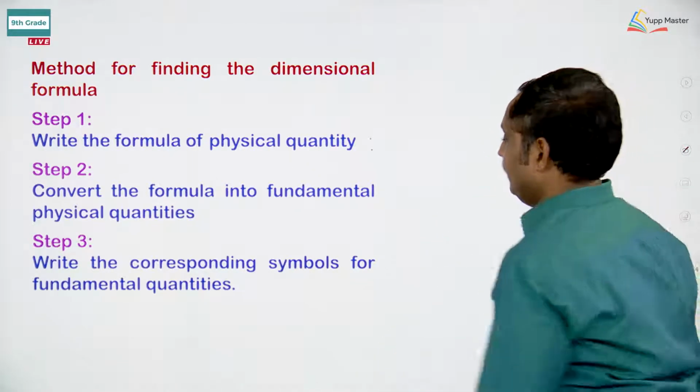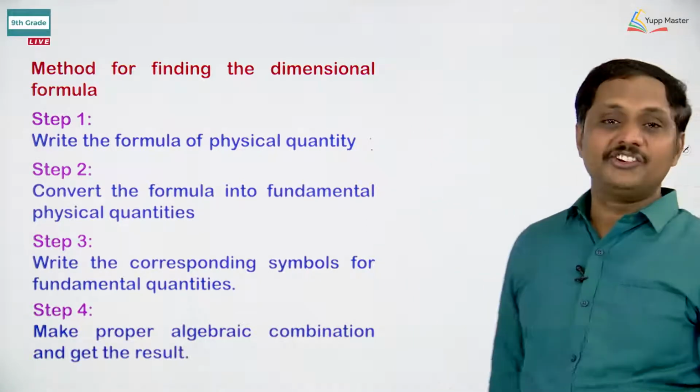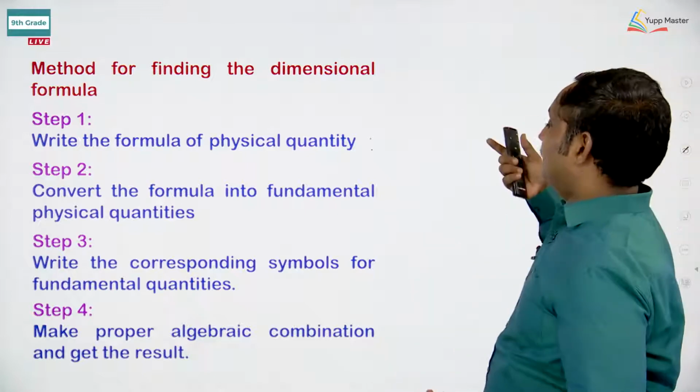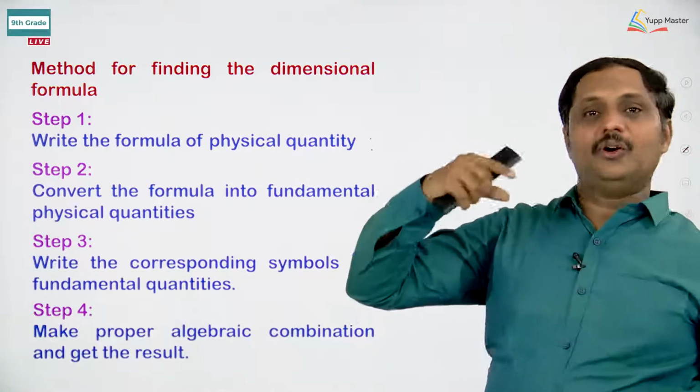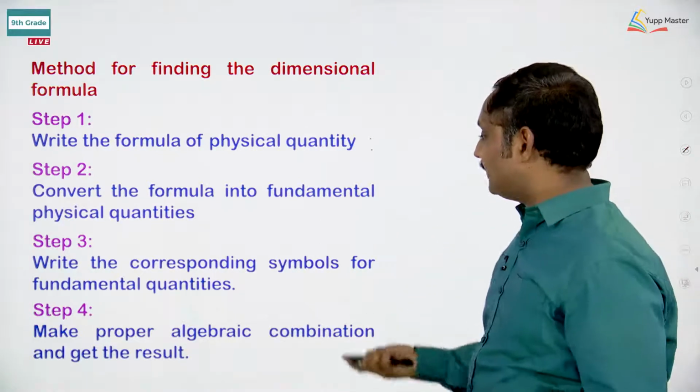Now, take the corresponding symbols, and step 4 is to make proper algebraic combinations to get the final result. Algebraic operation means multiplication and division and all these things. You are going to apply algebraic operations to get the final result.